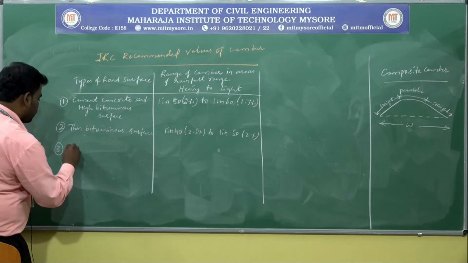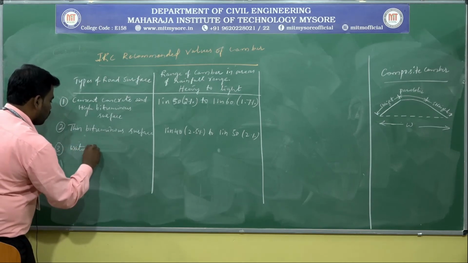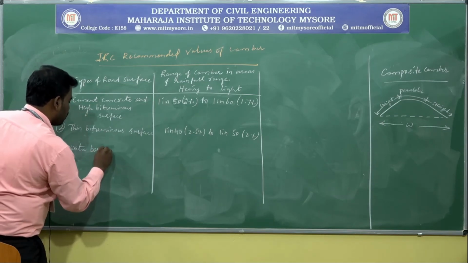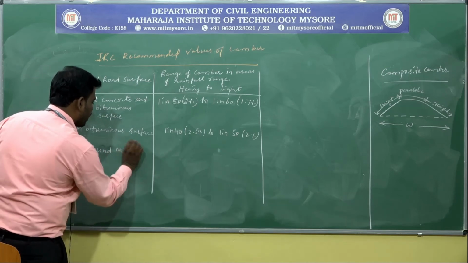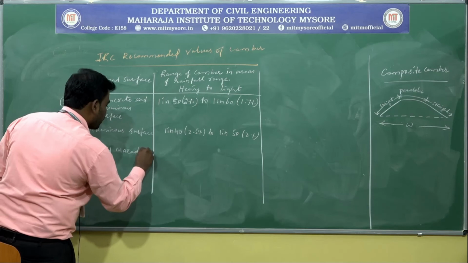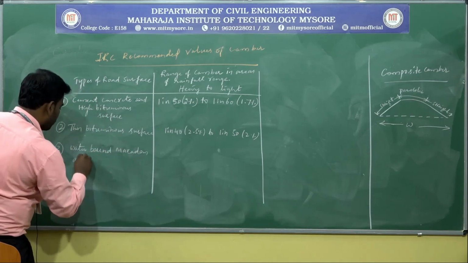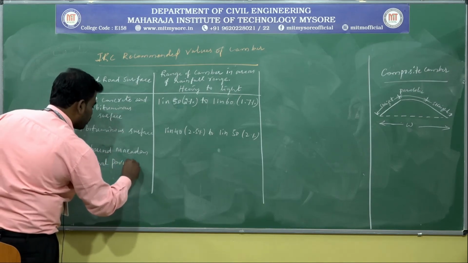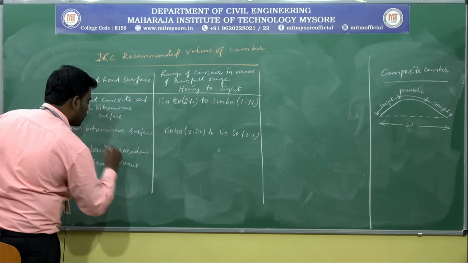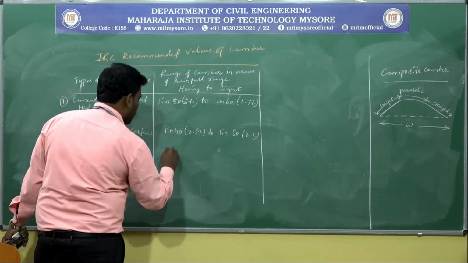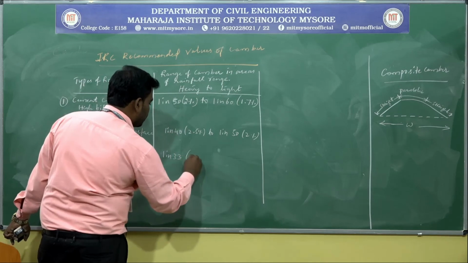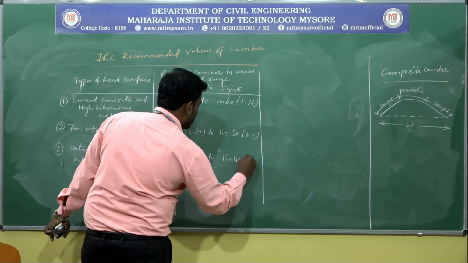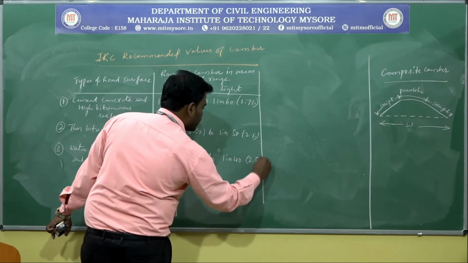Third one is water-bound macadam and gravel pavement. For water-bound macadam and for gravel pavement, it is 1 in 33, that is 3%, to 1 in 40, that is 2.5%.